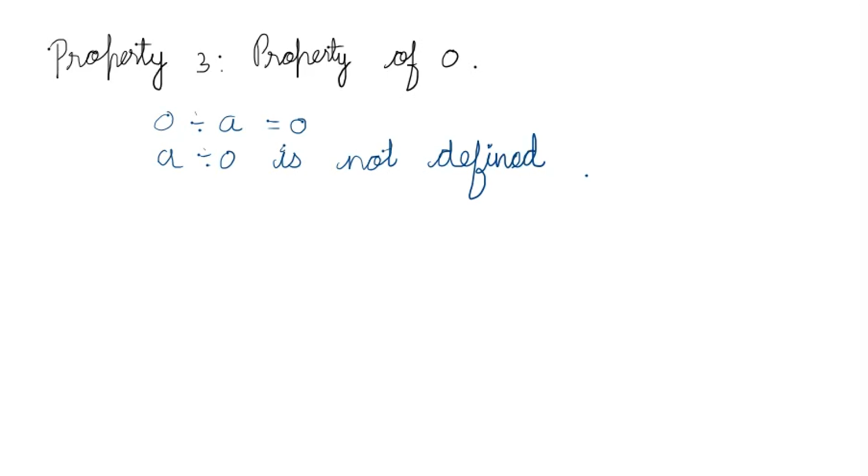But you should remember that any number divided by 0 is not defined. Now let's see the example for the 0 property. Suppose 0 is being divided by -2, then that is going to be 0. If 0 is divided by 500, then again you get the quotient to be 0.